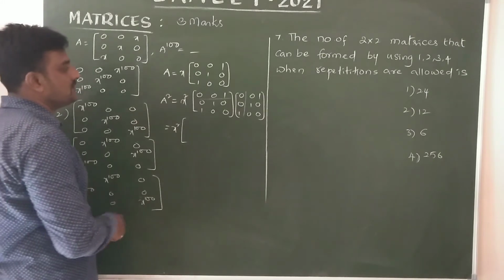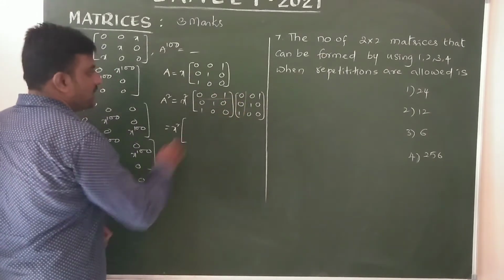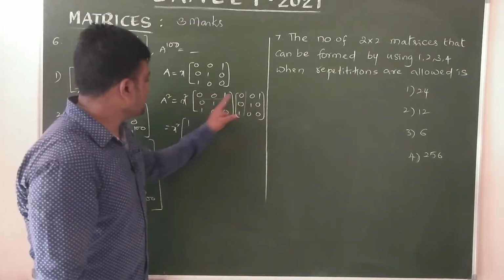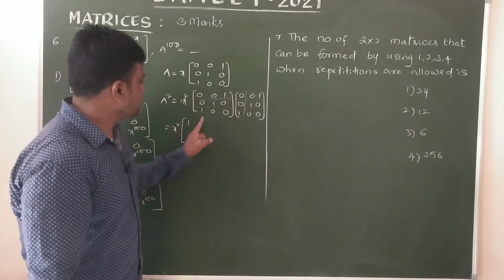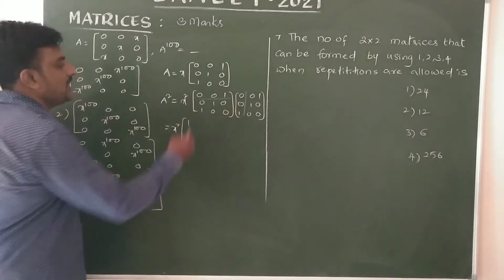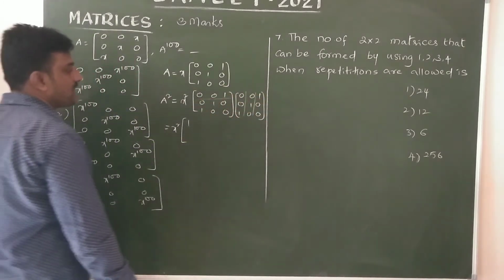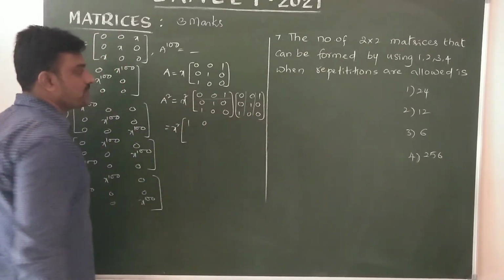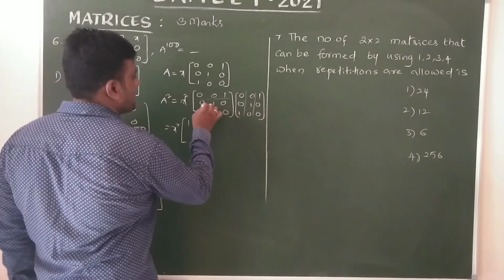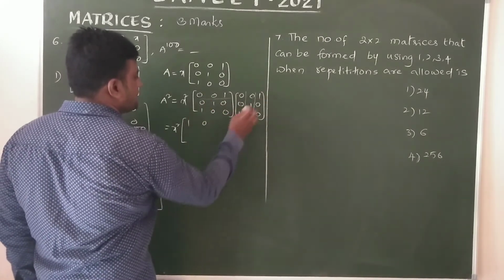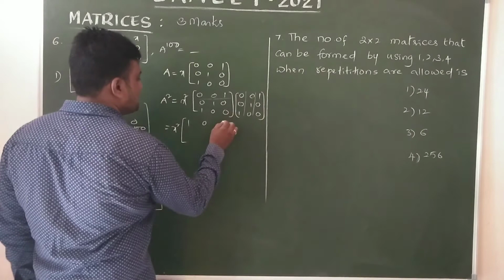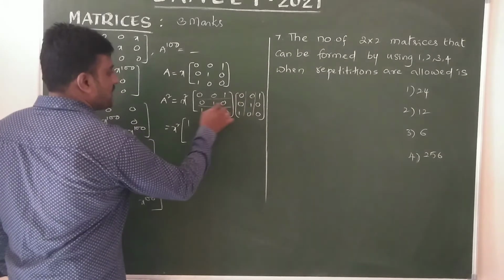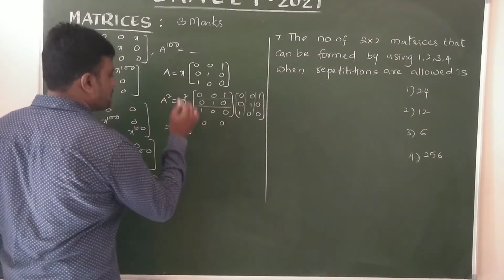Then what about the matrix? 0 0 1 into 0 0 1: 0 into 0 is 0, plus 0 into 0 is 0, 1 into 1 is 1. Again with the second column: 0 into 0, 0 into 1, 1 into 0, giving 0 0. With the third one: 0 into 0, 0 into 0, 1 into 0, giving 0. With the second row, 0 0 0, it should be 0.